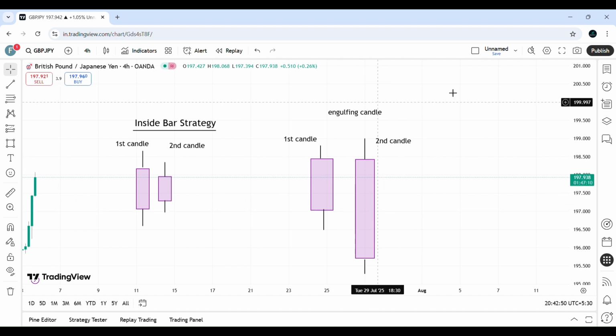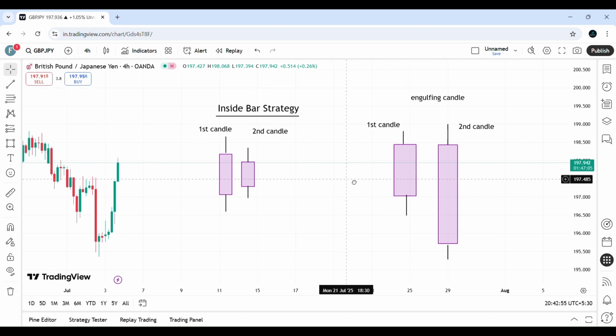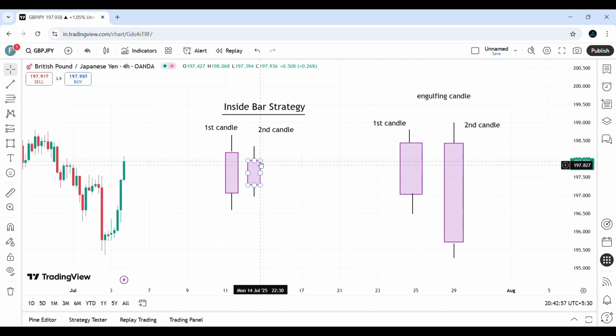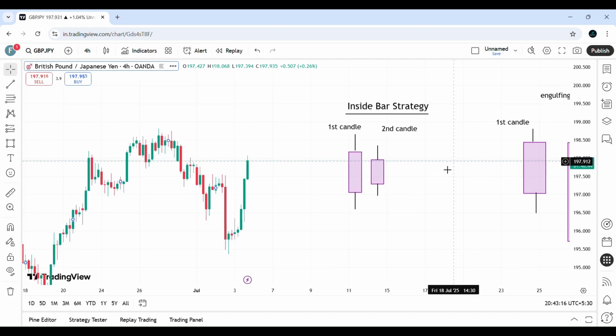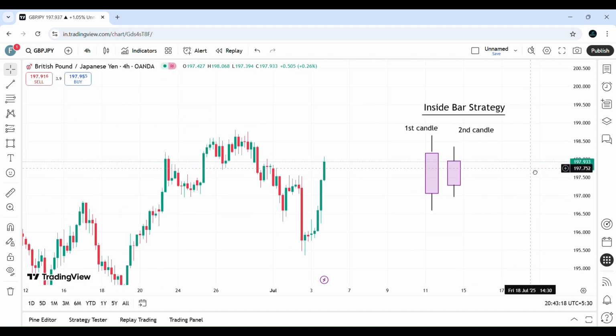But when it comes to an inside bar, the first candle is the one covering the second candle. The second candle should completely fit inside the first candle, including the wicks and the body. That's mainly the difference between the two. So let's forget about the engulfing and focus on the inside bar strategy.